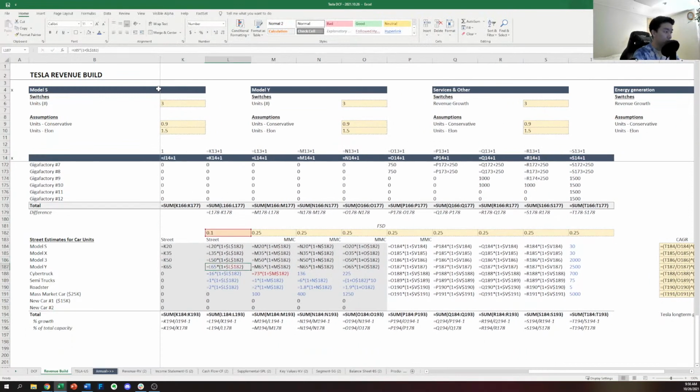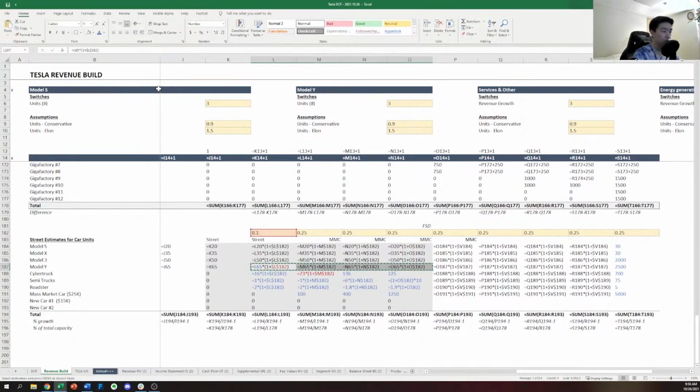This should all be just black. By the way, blue are hard codes, black are calculations, and then, oh, that's why this was blue. It's because I am hard coding. Blue is hard codes, black are calculations. Red is when I'm doing something weird.